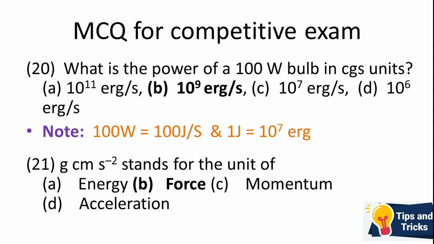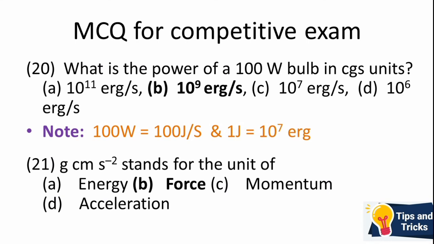So now let us move on to the last question, that is question number 21. Gram centimeter per second square stands for the unit of option A, energy, option B, force, option C, momentum, option D, acceleration. So energy in CGS unit is gram centimeter square per second square.